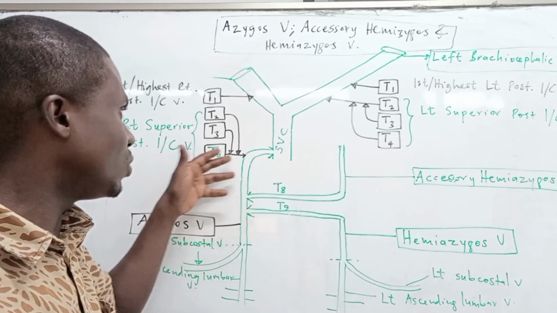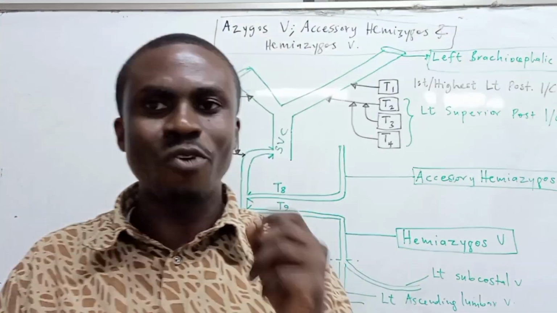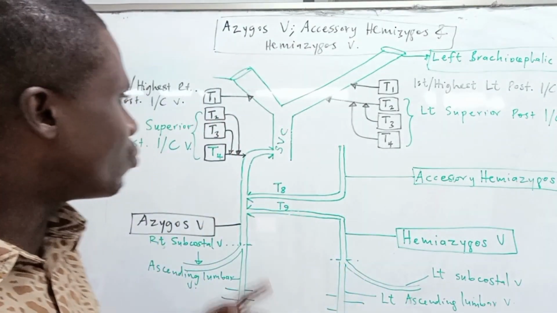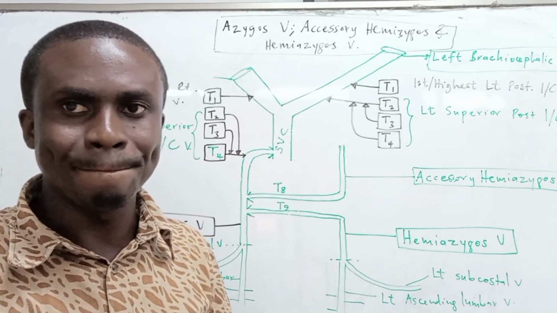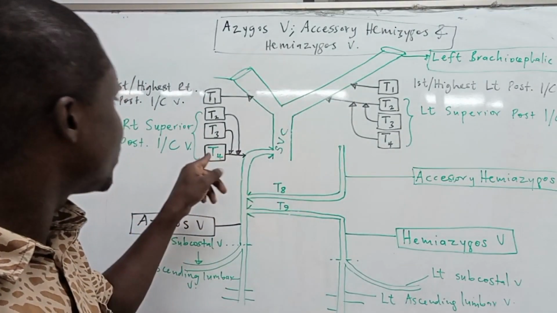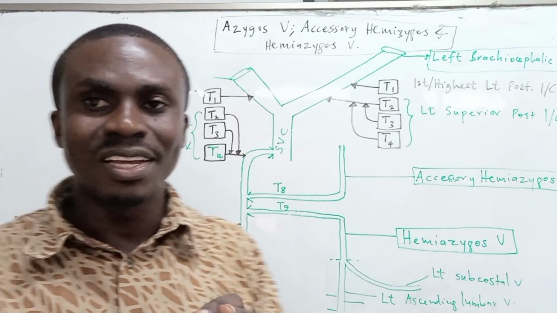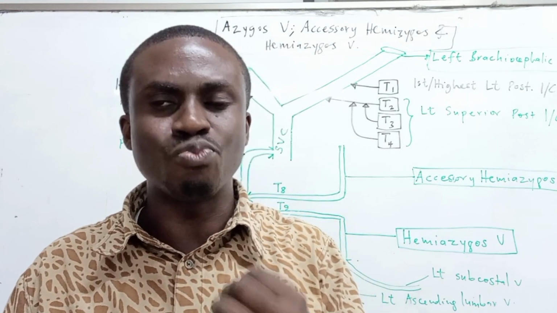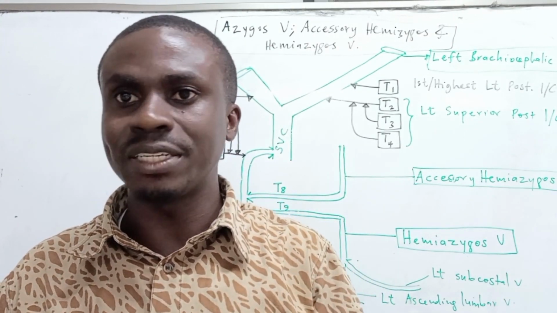If I ask you what is the last tributary of the azygos vein before draining into the superior vena cava, it is not the right superior posterior intercostal vein. No, that's not the one. It is actually the right bronchial vein. I want you to know that.